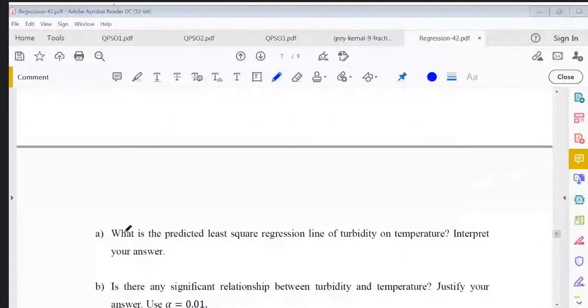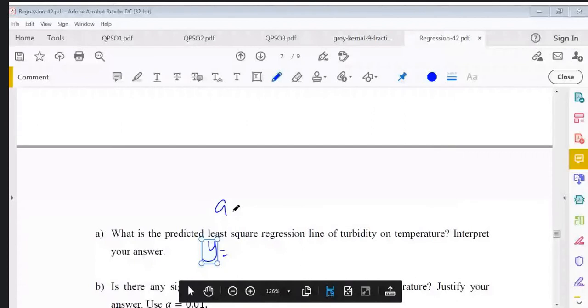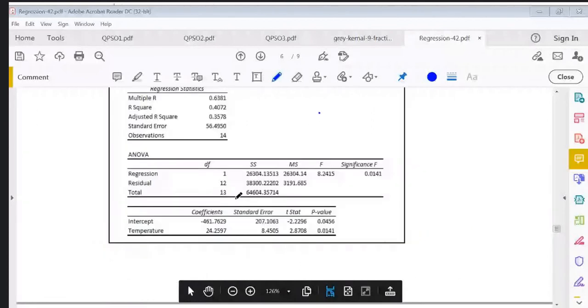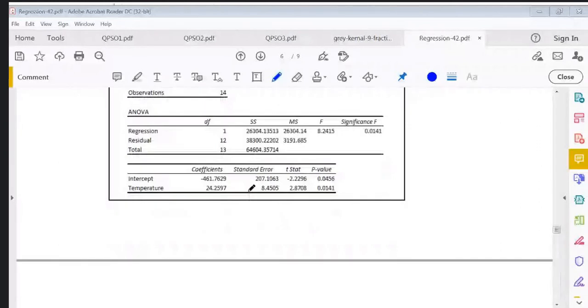A is negative 4.1629. B is 24.2597. So the regression line is y equals negative 4.1629 plus 24.2597 X. Now interpret the answer.